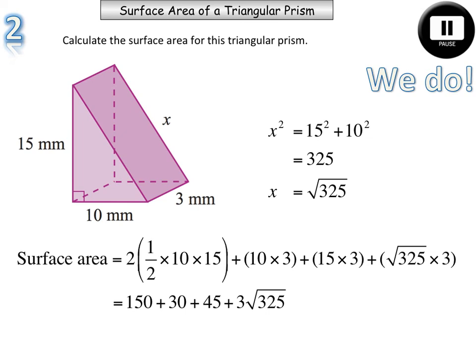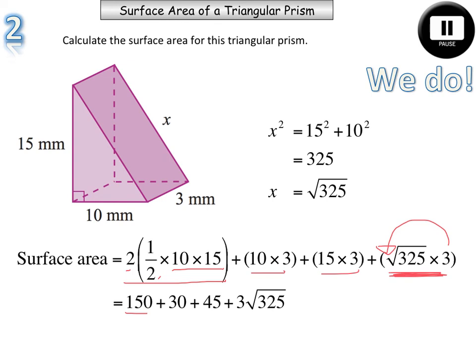Okay, so we've got 150, which is this calculation, 2 times a half, which is 1, 1 times that, which is 150, that's 30, that's 45, and to simplify this, we haven't done this topic, but to simplify this, we have the 3 coming out here, just to write it in a nice way, 3 root 325.